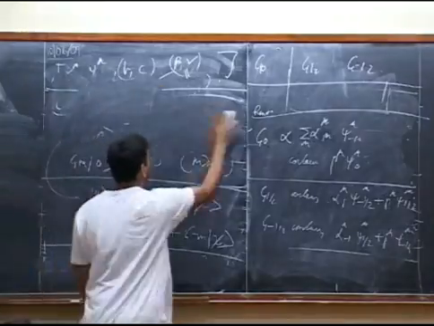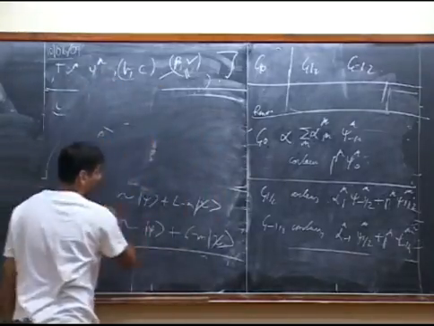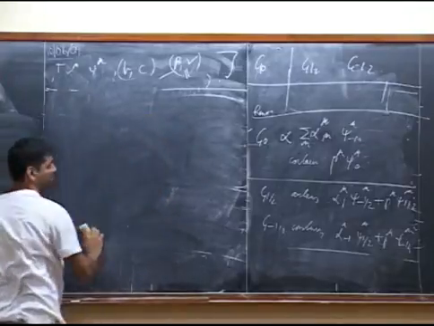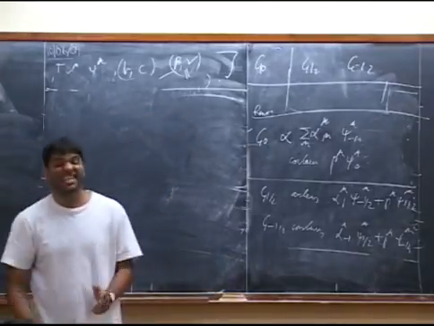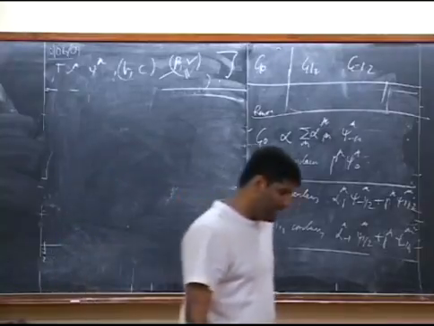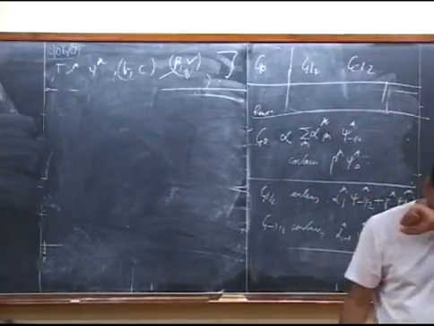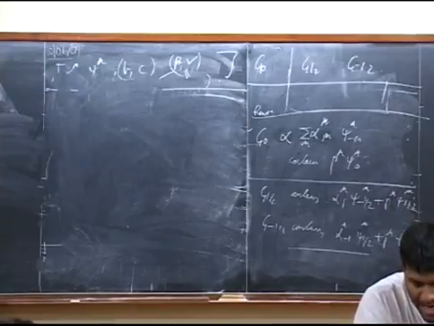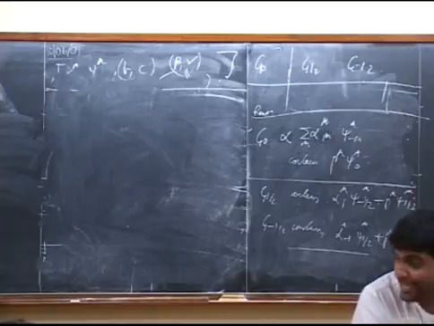Okay, so now let's look first at the Ramond sector. Oh yeah, let's look first at the NS sector. Okay, so in the NS sector, what do we have? In the NS sector, we have the vacuum.